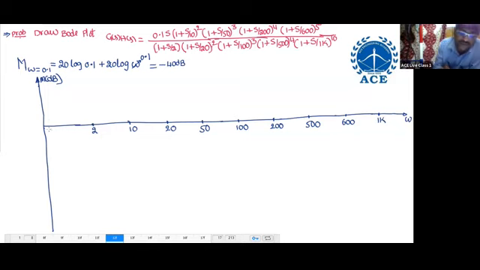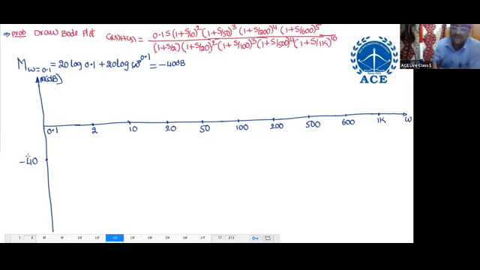Now at 0.1, how much? Minus 40. Start at minus 40. What is the initial slope?